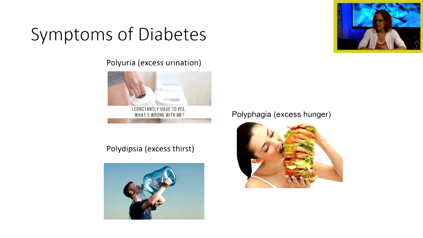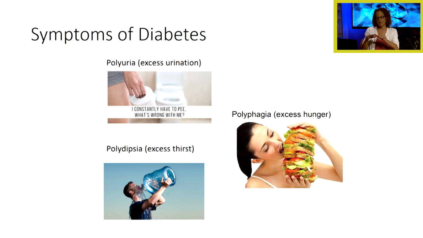Polydipsia makes sense. Excess thirst would develop because they are urinating a lot, getting dehydrated, feeling very thirsty, okay? And polyphagia is a longer word for excess hunger, okay? We just talked about that when we talked about that cycle, right?